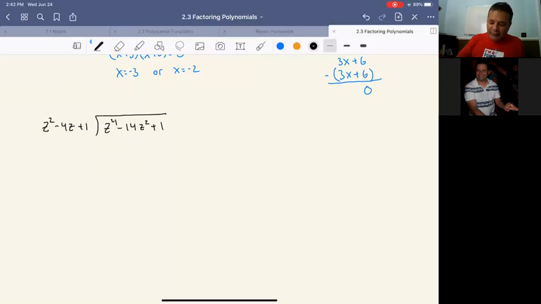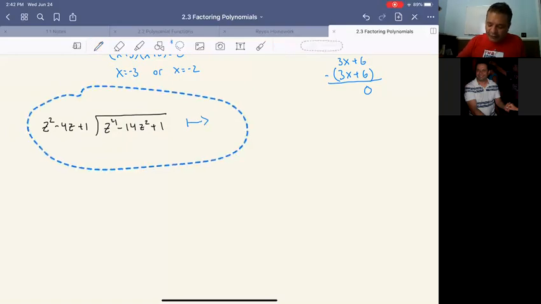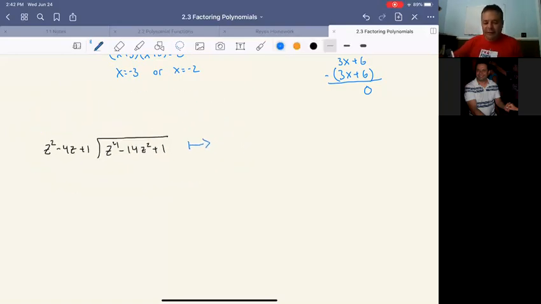The first thing I want us to notice here is that this is actually missing terms. There's no z cubed term, there's no z term. It's not required. You don't actually have to do this at this point. Later on we will. But it's good practice to fill in the missing terms.